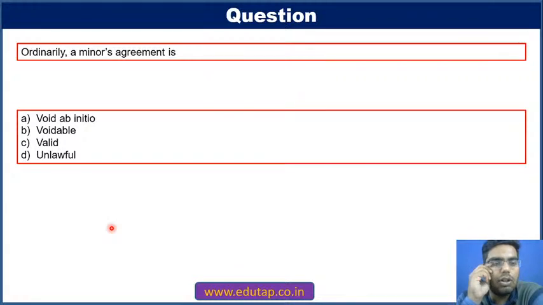Next question: ordinarily a minor's agreement is dash: void ab initio, voidable, valid, or unlawful.